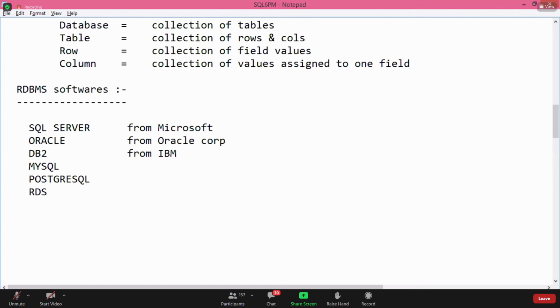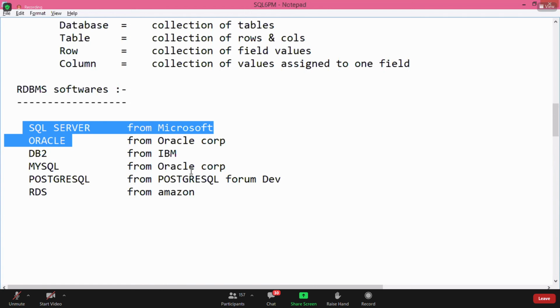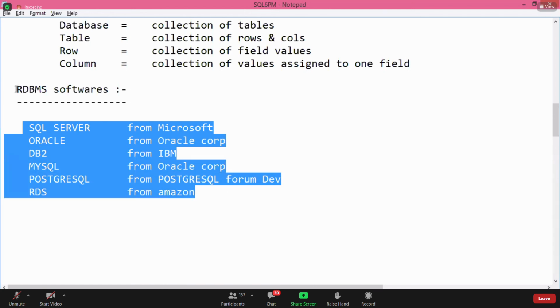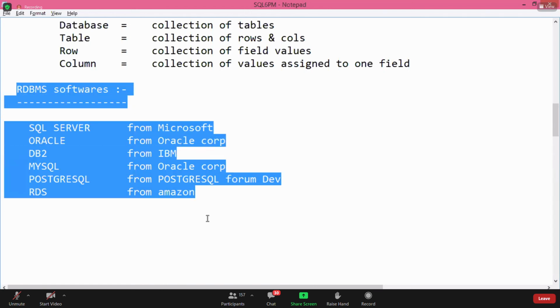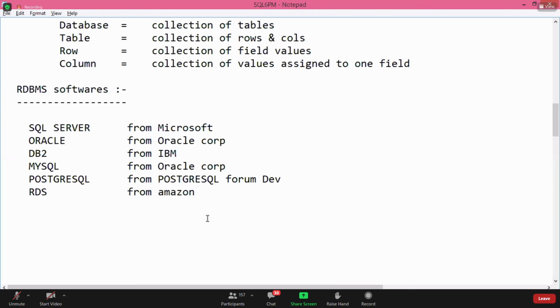MySQL is also from Oracle Corp. PostgreSQL is from the PostgreSQL Development Forum. RDS is from Amazon. So these are different RDBMS softwares from different companies.